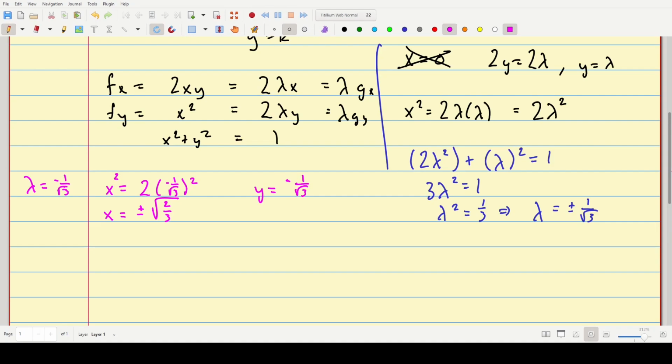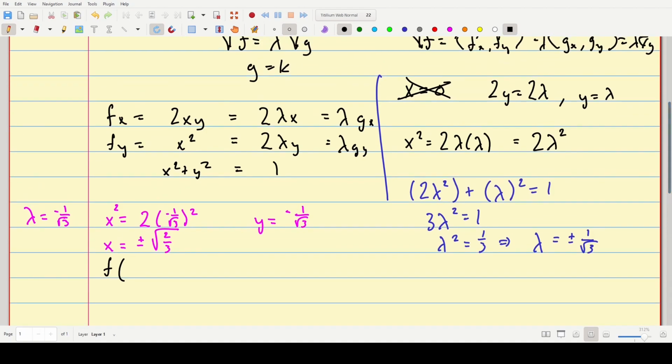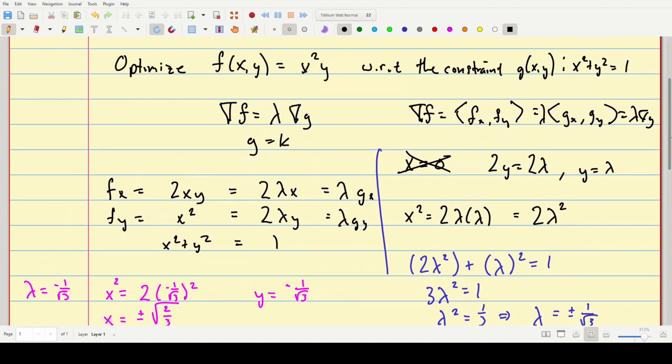We have 2 points that are given to us by this expression here, and we can evaluate those at the value for the function. Now, our original f was x squared y, so the plus or minus part in x doesn't actually matter.